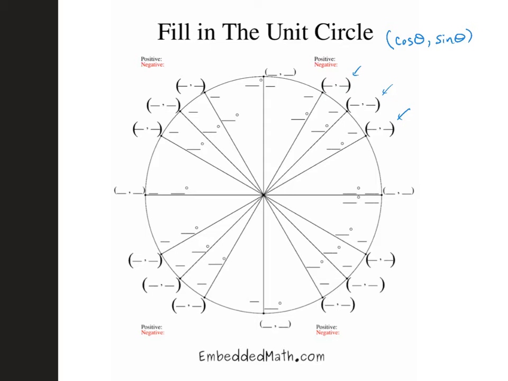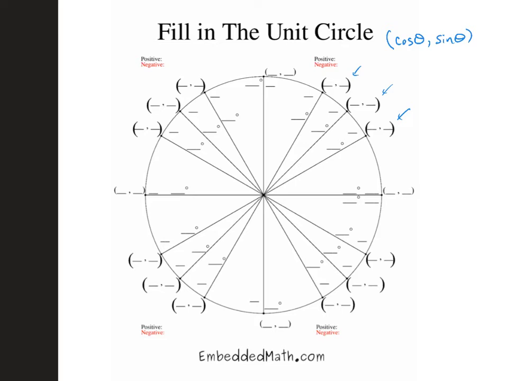Now, the unit circle is going to be basically a tool that you use to help memorize values of sine and cosine that you need to have in your head. And the ones that you need to have in your head are the ones that are built on quadrantal angles, the 0, 90, 180, 270, the ones that land on the axes, and the ones that are based on special right triangle reference angle trig. So like the 45, 45, 90, and the 30, 60, 90.